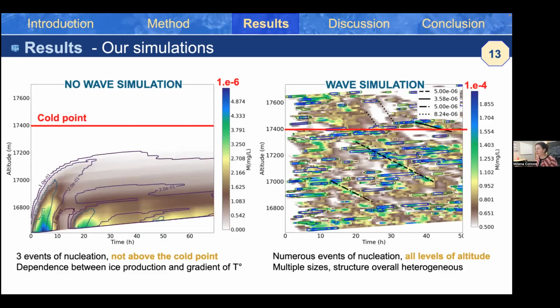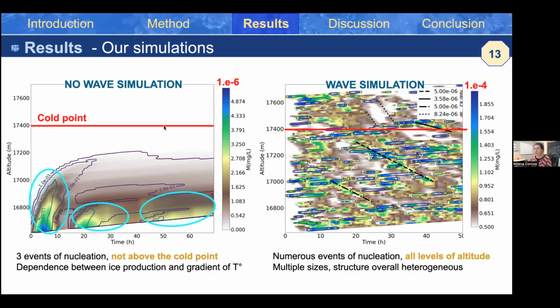Okay, so now we can look into more details at the evolution of the ice mass in the domain. I'm showing on this slide the evolution for the simulation without the waves on the left and with the waves on the right. I'm just mentioning that the 2 color bars have different scales that I've highlighted in red. When we look at the evolution of ice mass for the simulation without the waves, we can clearly see 3 different nucleation events.